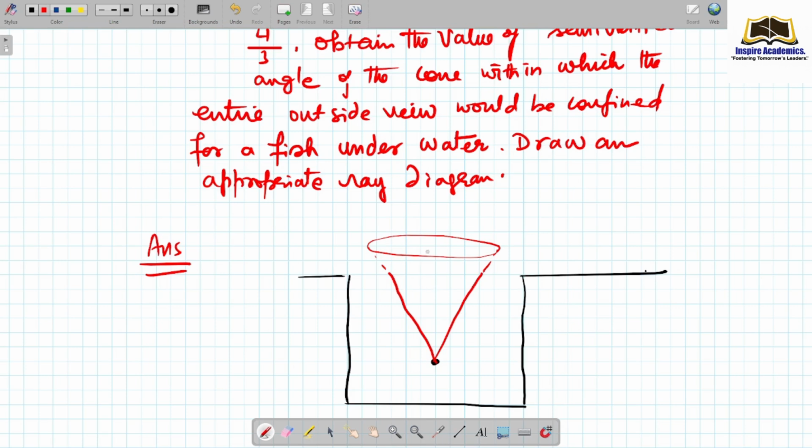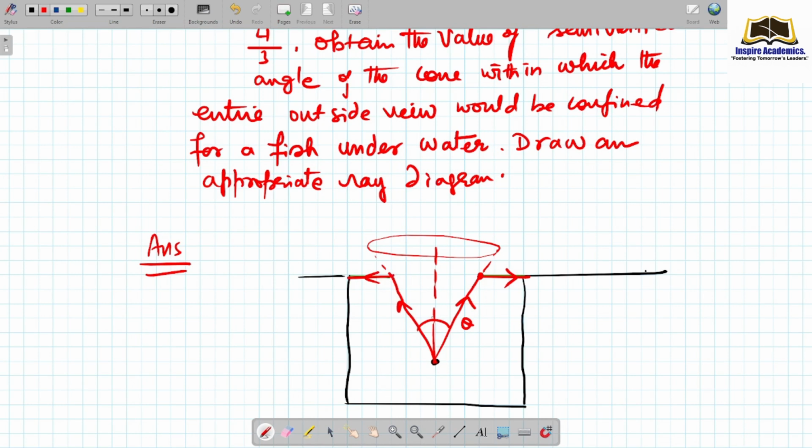And if you see in the center, the semi-vertical angle, let us say the whole angle is theta. Yes or no? And suppose this is your water surface, and if this ray goes like this, then to ensure that the view actually would be closed here only if this ray goes like this.